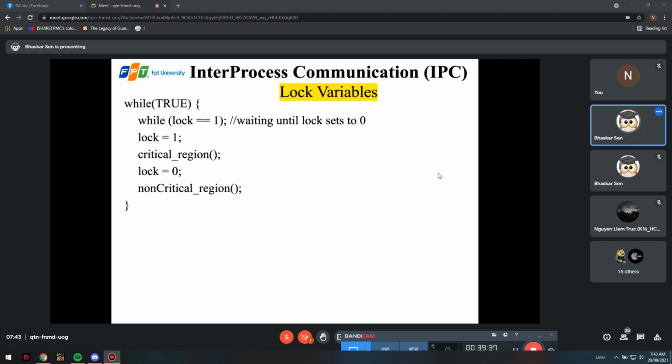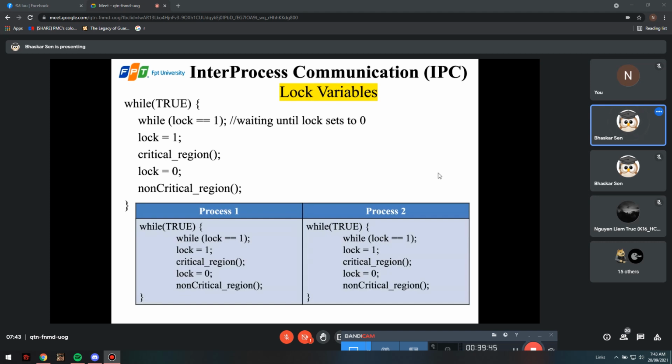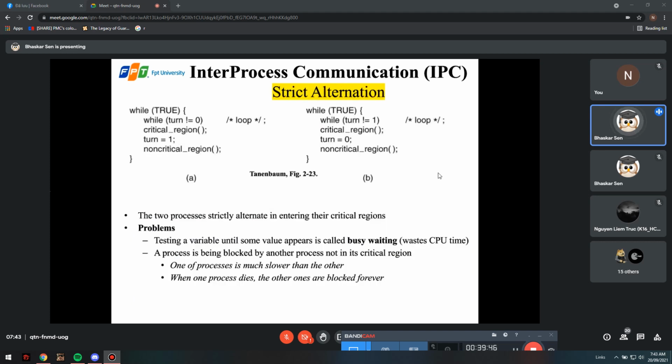But still, what a lock variable gives you is strict alternation, the red or green, as I said. When you go there and you see the red light, you either wait, and that's what most of us do, or you just go back to your seat and try your luck 5 minutes later.